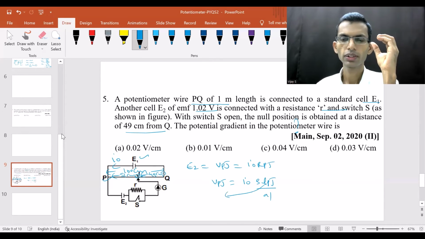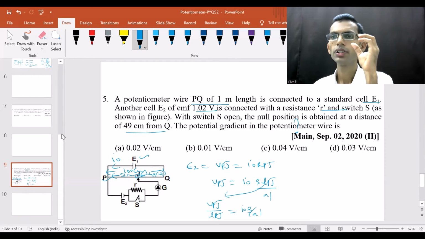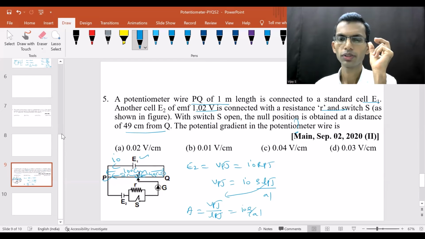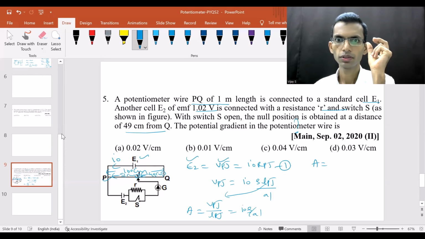When we take LPJ that side, we get VPJ by LPJ equal to I0 rho by A dash. VPJ by LPJ is potential difference across the length, which is nothing but potential gradient. But here VPJ is equal to E2, so potential gradient is E2 by LPJ.